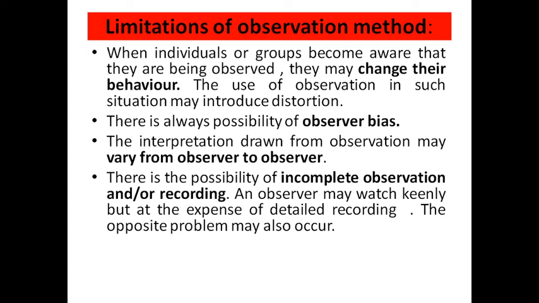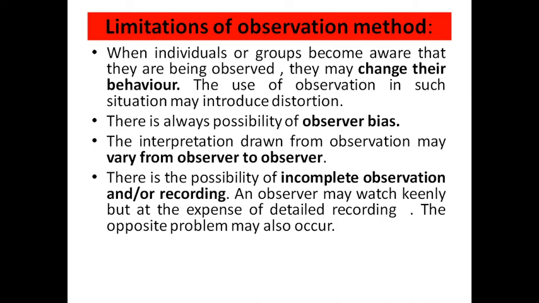Then there is a possibility of incomplete observation and recording. An observer may watch keenly but at the expense of detailed recording. The opposite problem may also occur. If the observer is observing very keenly, giving too much importance to observing, the recording may be neglected, and afterwards the observer may not properly recall what was observed.